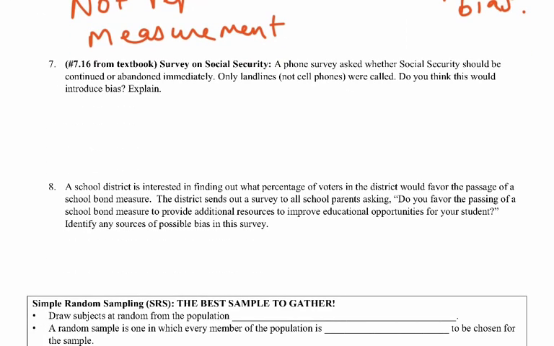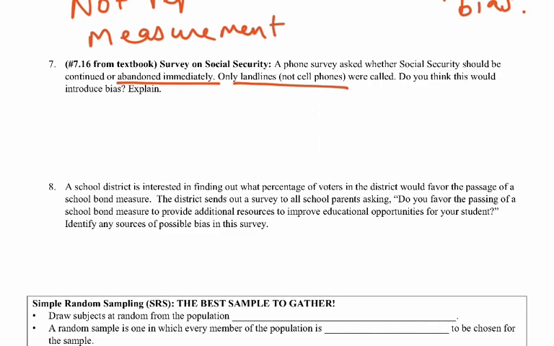A phone survey asked, listen to this question. The phone survey asked whether Social Security should be continued or abandoned immediately. We only called landlines, which is almost a silly thing to think about these days. We only called landlines. Do you think this would introduce bias? And I hope you see there's a couple of issues here. So first of all, if someone's using a landline, you're probably only asking older people.